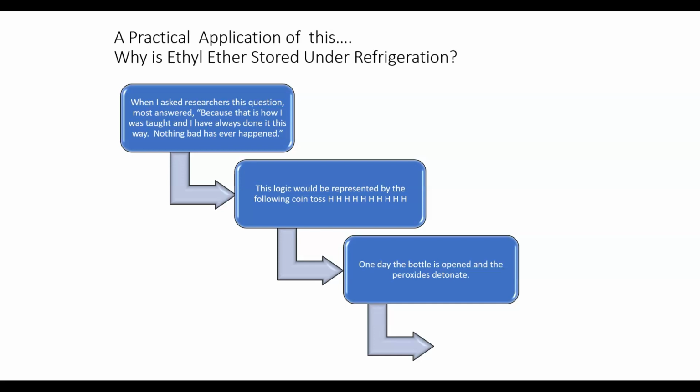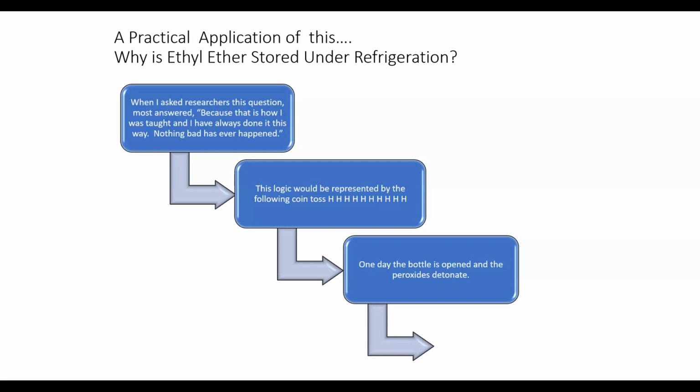So ethyl ether is one of the solvents that can form organic peroxides. That's compounds with the O single bond O structure. And they will precipitate in organic solvents and can make them very dangerous over time. They're what we call time sensitive compounds.